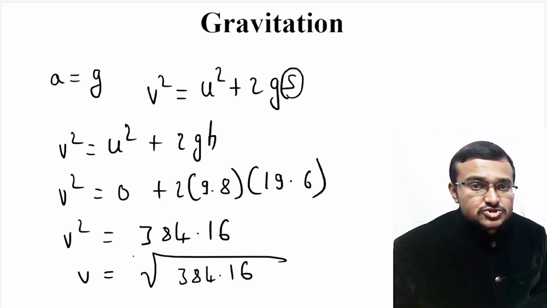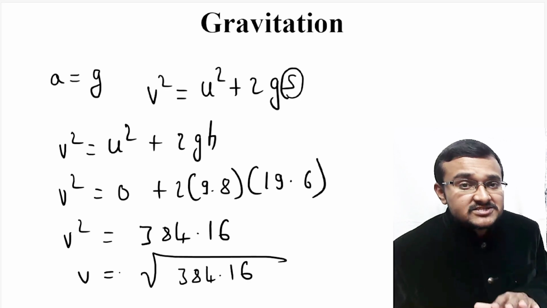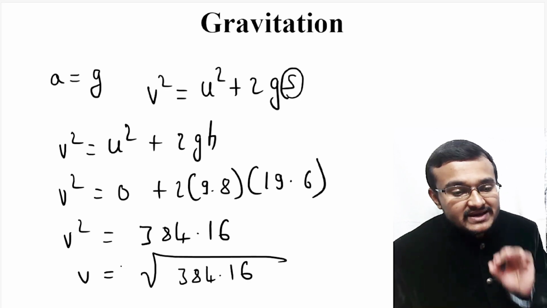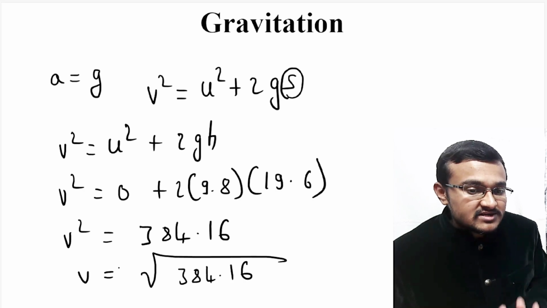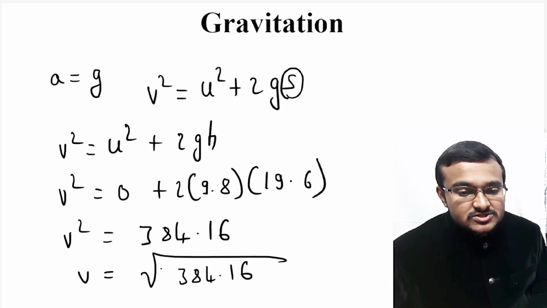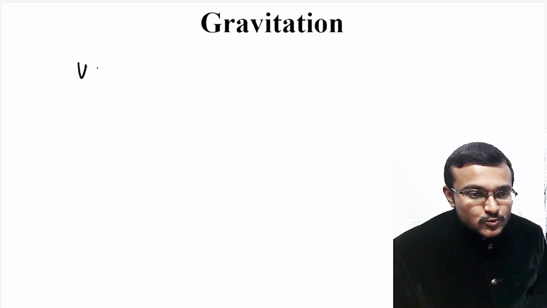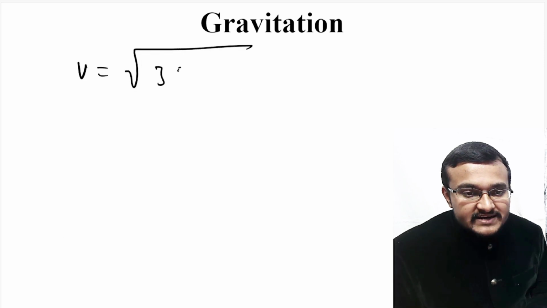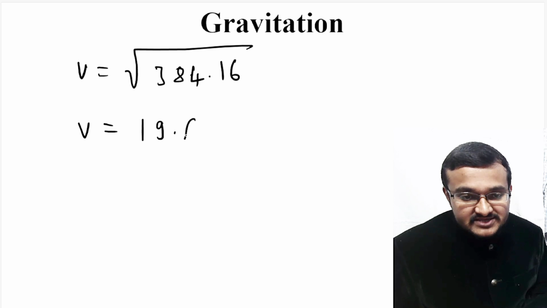So now v is equal to the square root of 384.16. Here plus or minus should come, but the final speed is a positive term, hence we are just taking the positive value of this square root. So plus square root of 384.16. If you take the square root of 384.16, you will get the value for this final speed, that is equal to 19.6.